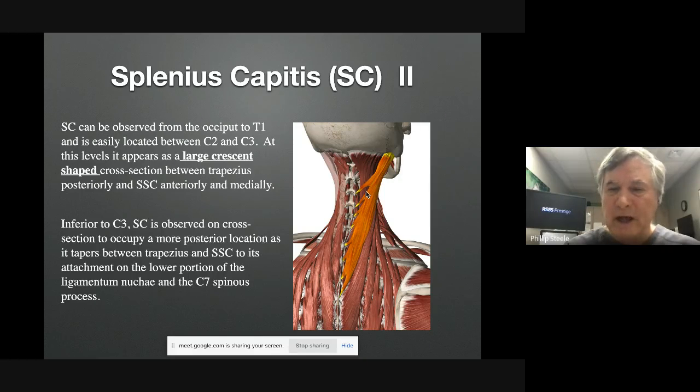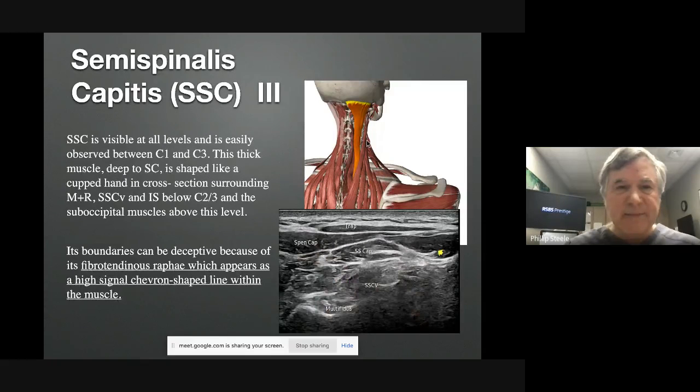What's important to realize is this muscle does move laterally and is lateral to the semispinalis capitis as you go above the C2 level. The Semispinalis Capitis, again, the fibers are all directed almost all vertically, and it's thickest about C2, 3 area as well.